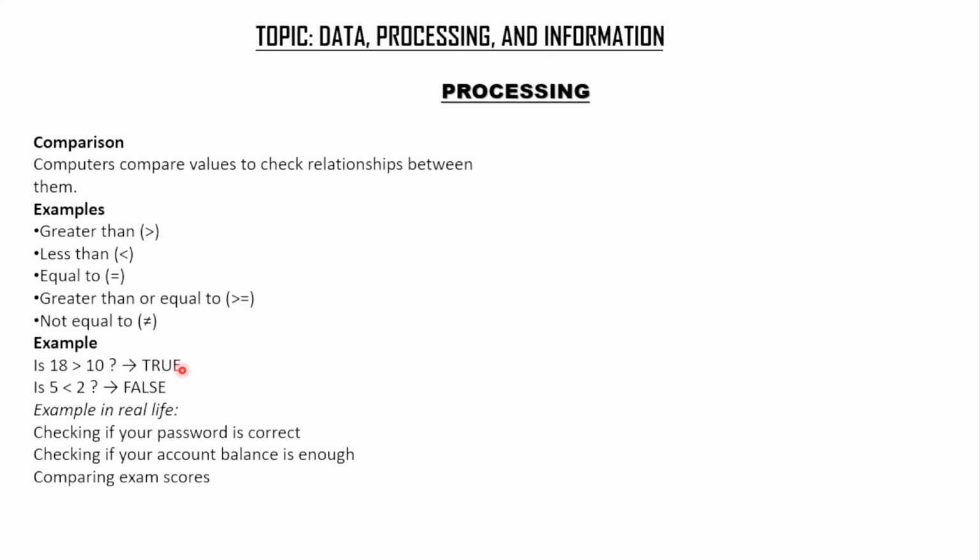So an example here is: is 18 greater than 10? True. Is 5 less than 2? False. In real life, it's like checking if your password is correct, checking if your account balance is enough, comparing your exam scores. These are all the comparisons the computer does.